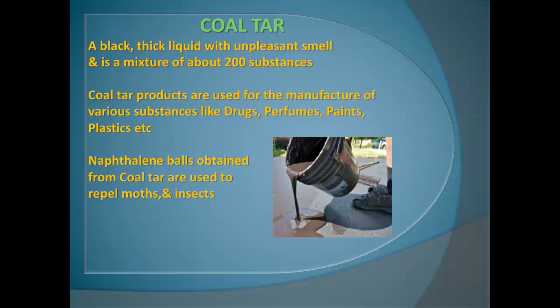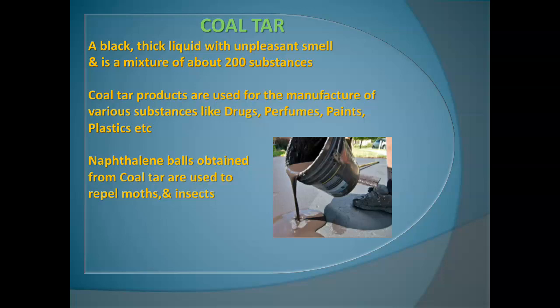Coal tar products are used for the manufacture of various substances like drugs, perfumes, paints, plastics, etc. Naphthalene balls are prepared from coal tar and they are used to repel moths and insects. So these are the uses of coal tar.